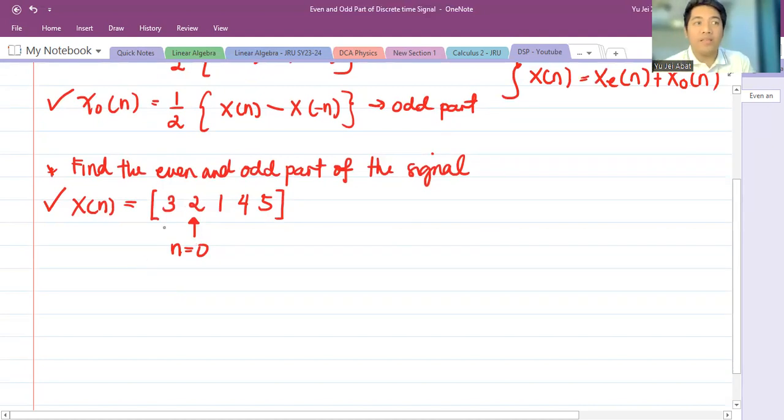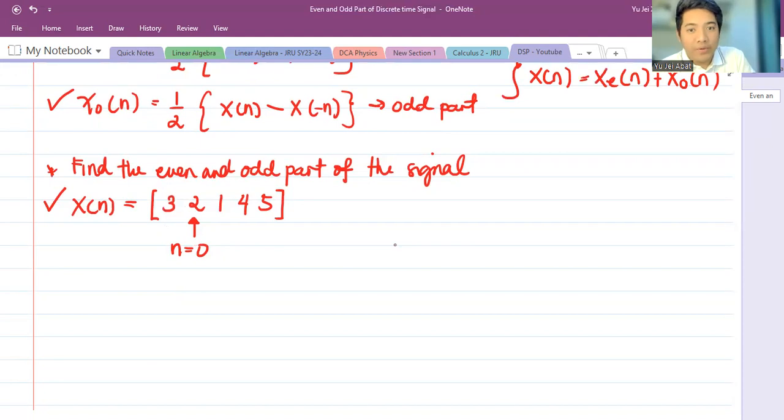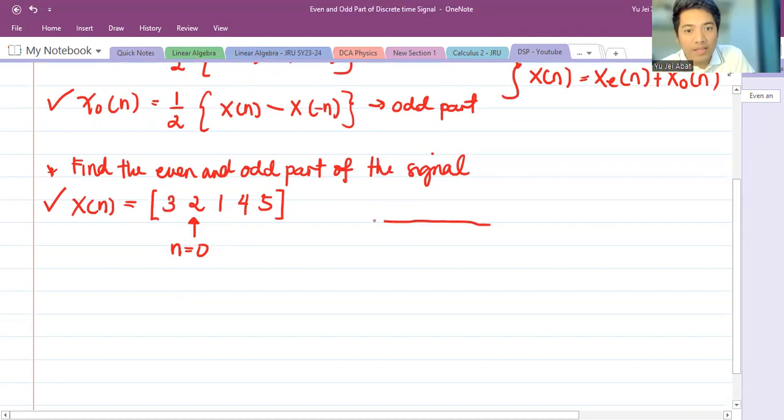Since we are flipping the signal, if that is your signal, 3, 2, 1, 4, 5, and I plot that, I have 2 here as my 0, and I have 3 here as my negative 1, and I have 1 here at 1, and I have a 4 here at 2, and at 3 is 5. Let's say this is 5.